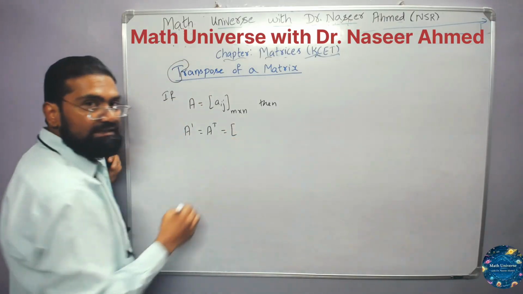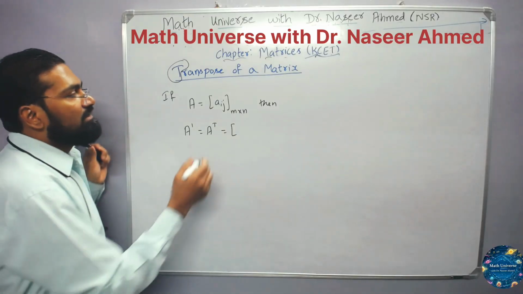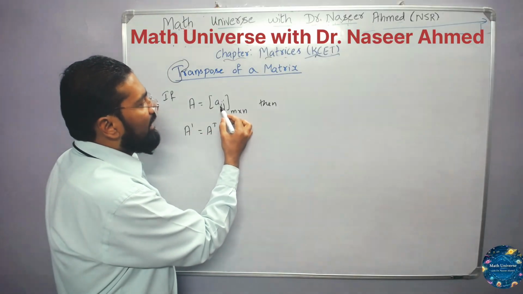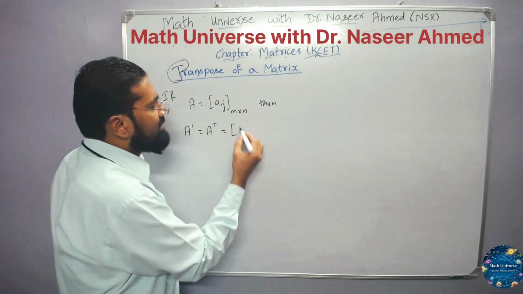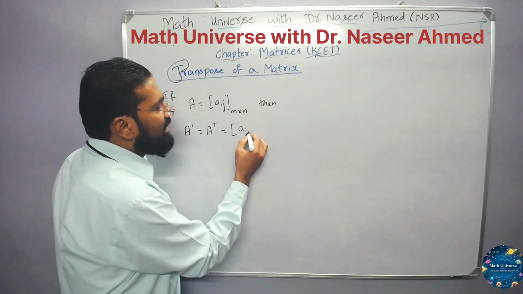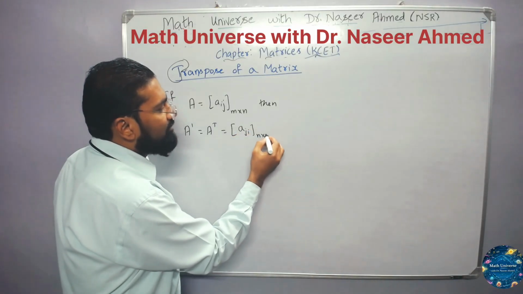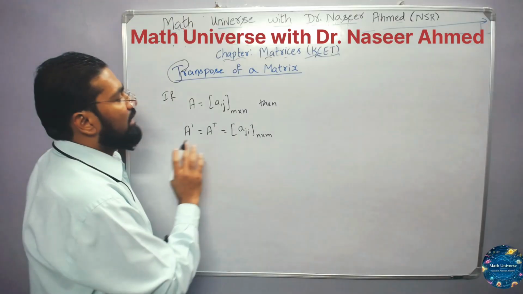Here we are going to interchange rows to columns and columns to rows. Even the index i, which stands for row, and j, which stands for column, will get exchanged. So I'll get a ji and the order n cross m. This will be the transpose of the given matrix.